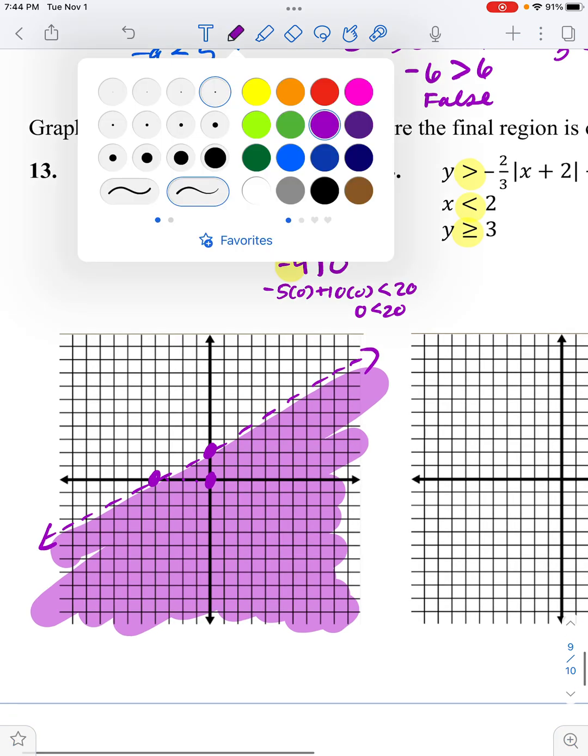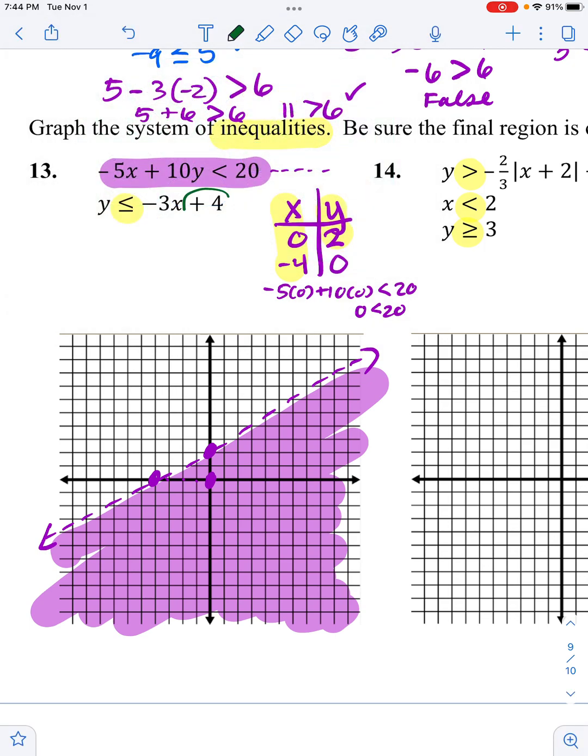Now let's tackle the next one. The next one is in slope-intercept form. So the easiest way to graph that is to start at 4 and go down 3, over 1, down 3, over 1. This is or equal to, so this is going to be a solid line. So I connect those dots with a solid line. Okay, now I decide.